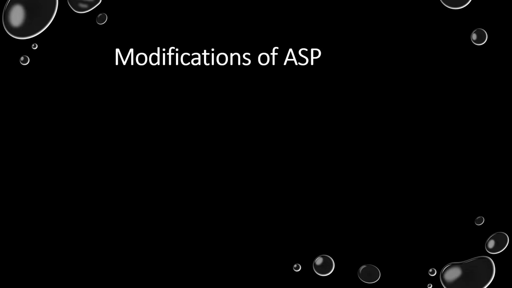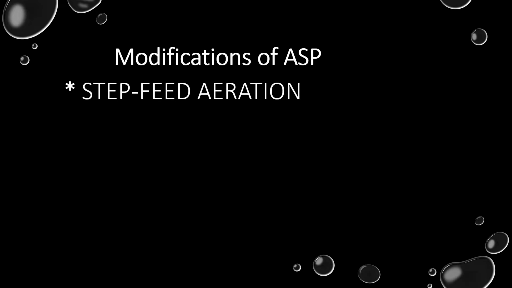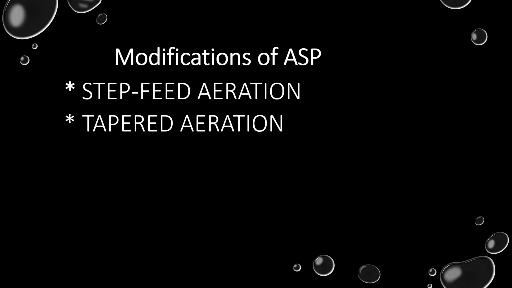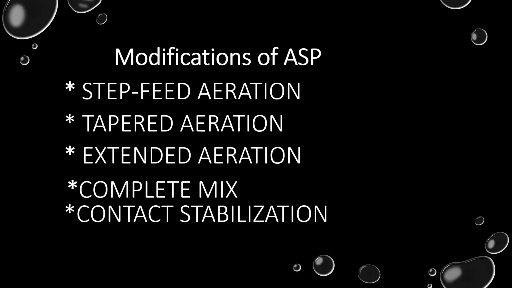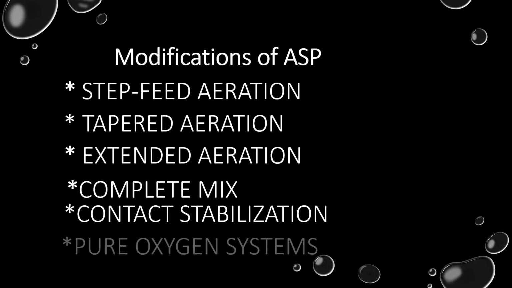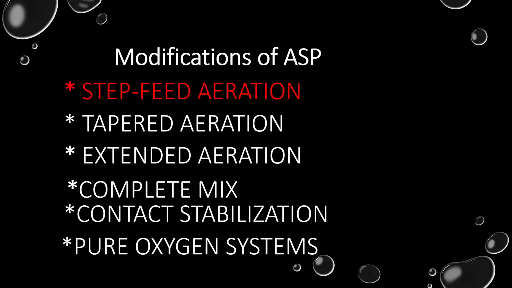So for us to have a more efficient ASP, we modify, and these are the modifications of ASP. You have step feed aeration, the tapered aeration, extended aeration, complete mix, contact stabilization, and pure oxygen systems. But for my topic, let's focus on the step feed aeration and the tapered aeration.